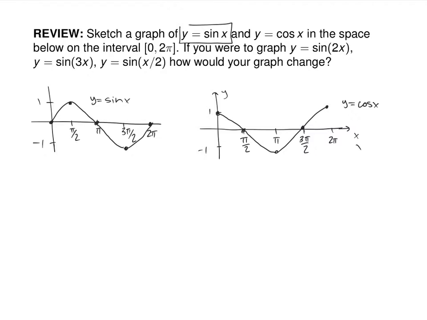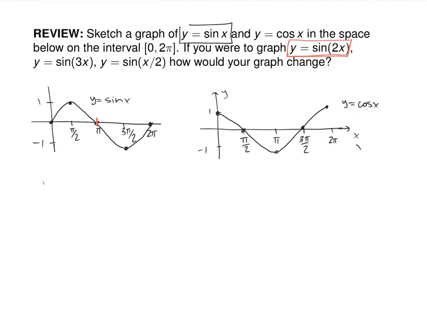What happens if you were asked to graph sin(2x)? It goes how fast compared to regular sine? Twice as fast, which means how many full oscillations does it do between 0 and 2π? Two. So the first oscillation is complete by π.